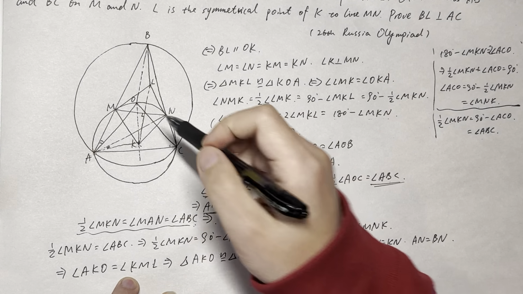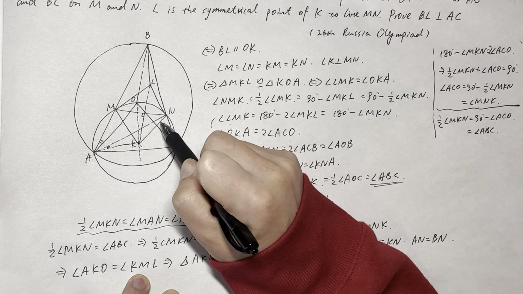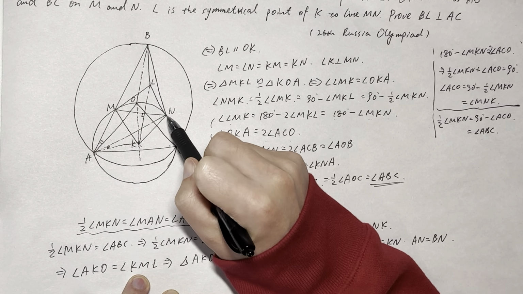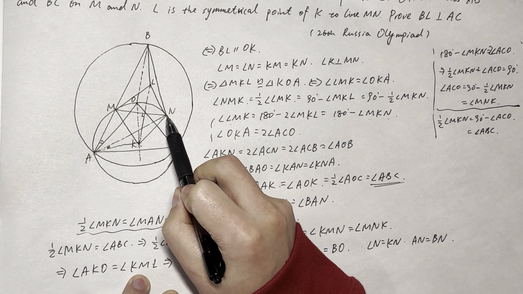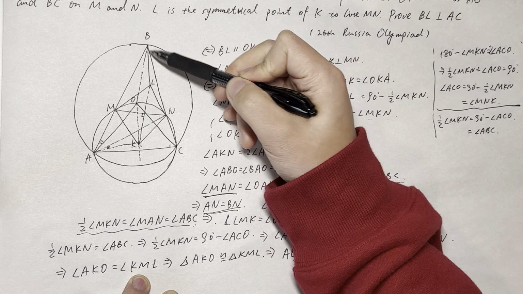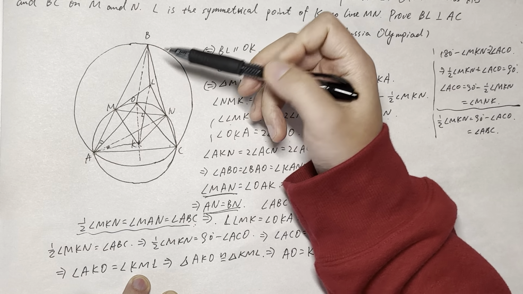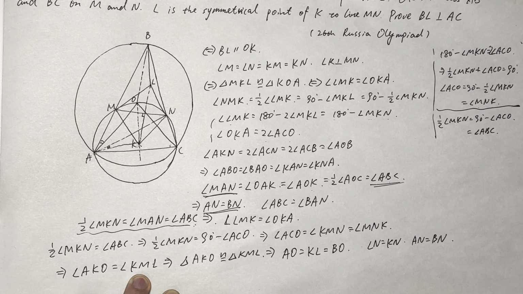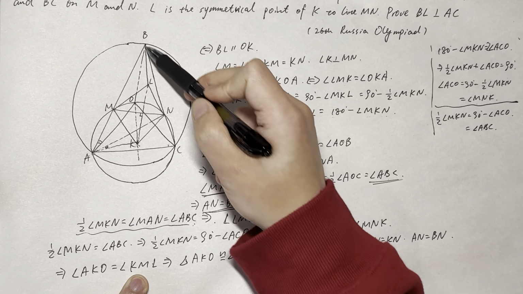And for this angle, the angle ANK, so we are looking at the triangle AKN and the triangle BLN, right? We're looking at these two triangles.